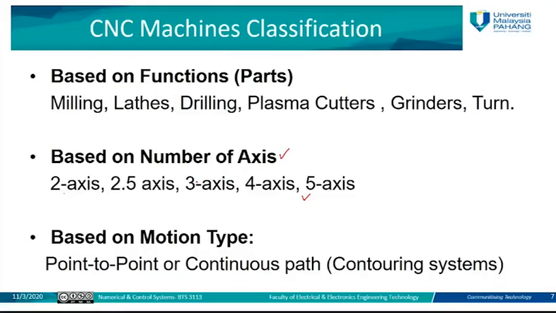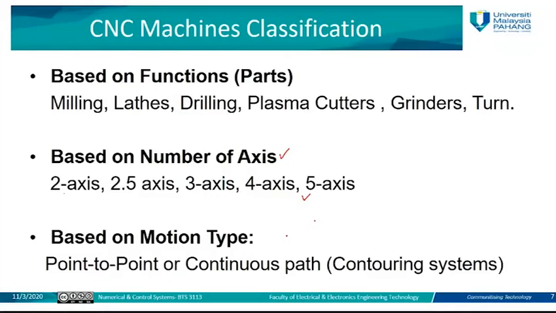The third is based on the motion type. Since we are talking about machines, that means motion, rotation, and so on. Based on the motion type, we have 2 types: point to point, or continuous path, also called the contouring system. Point to point means the motion of the machine will be from one point to another point.